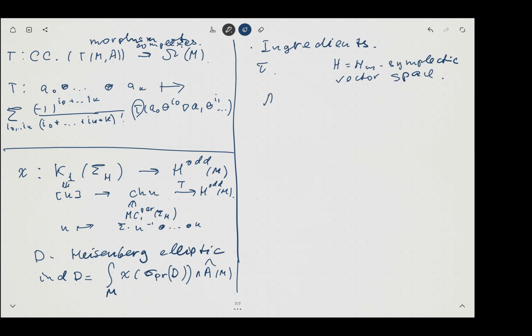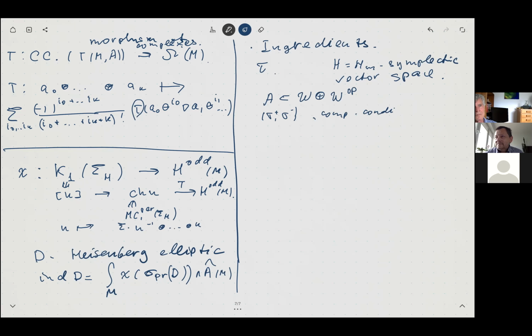A, let me remind you, was a subset of the algebra which consists of pairs of elements in the Weil algebra and its opposite, with some compatibility condition on their behavior.